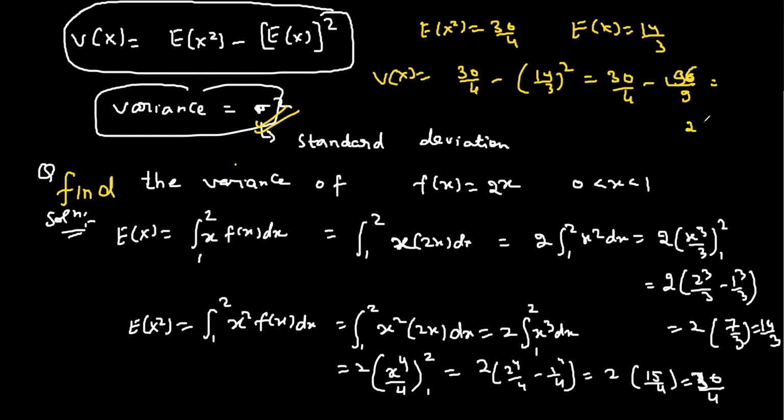290, 270, 94. This is variance. If I ask what is standard deviation, then you can take root of variance. Standard deviation is under root of Vx.